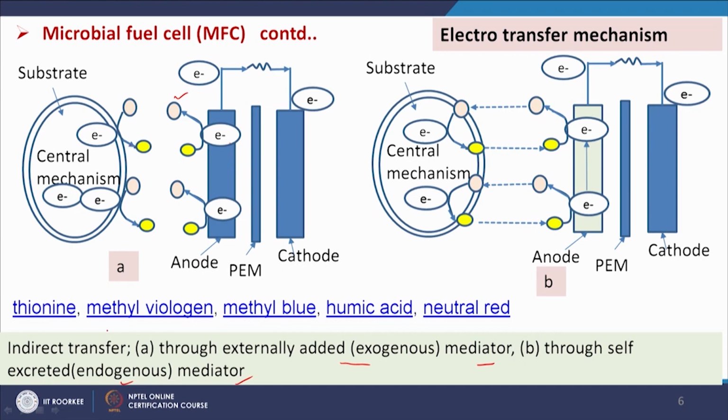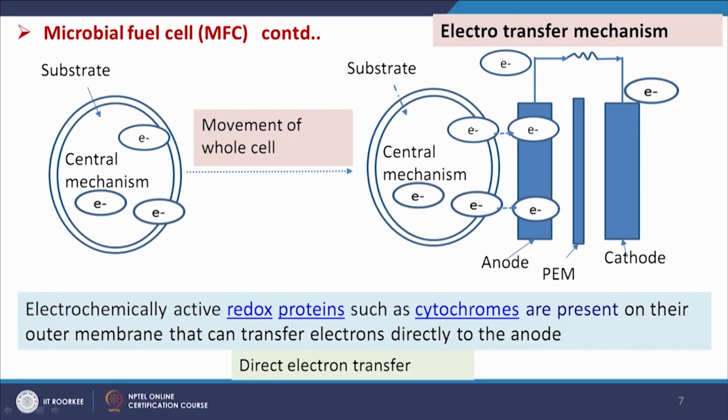Now, here we see different types of mediators which can be used externally, that is thionine, methyl viologen, methylene blue, humic acid, neutral red, etc. People have used these as external mediators, and this is the schematic diagram to represent the direct transfer.